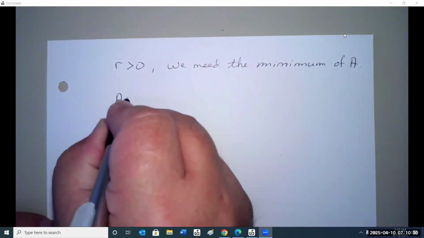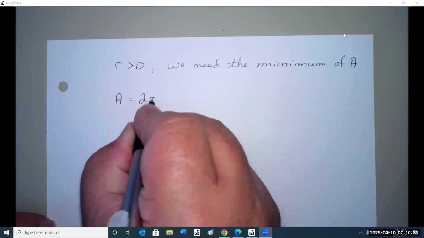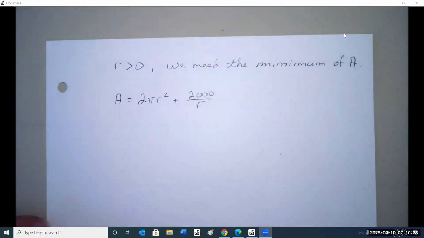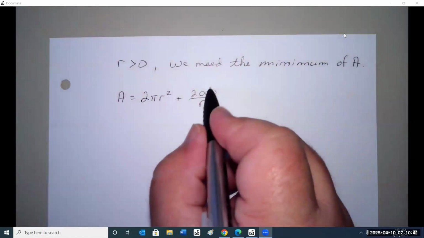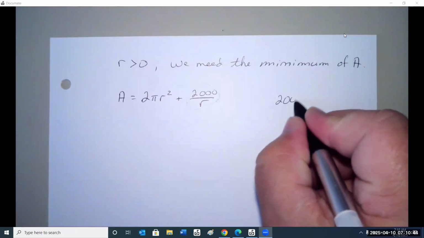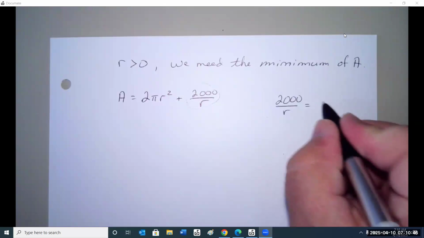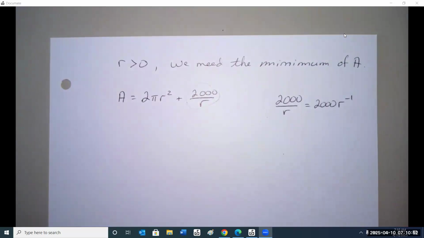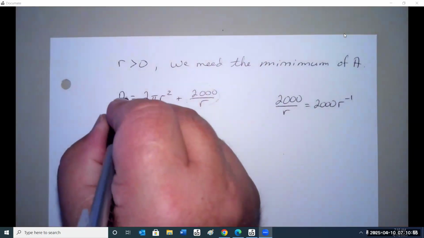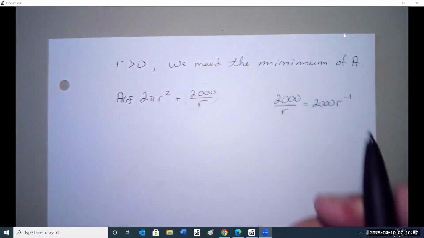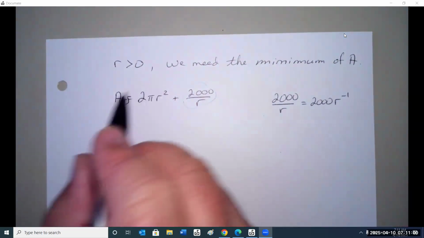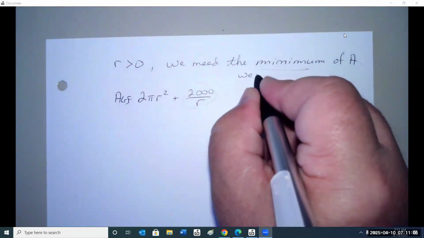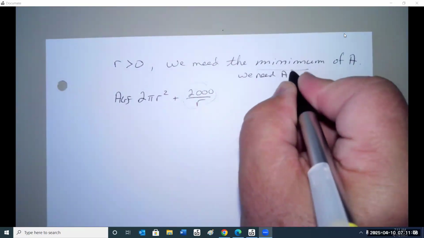So the area is 2 pi r squared plus 2000 over r. We can rewrite this as 2000 r to the power of negative 1. Remember, this is a function with respect to r, because that's the only variable we have. So to find the minimum, we need A prime of r.